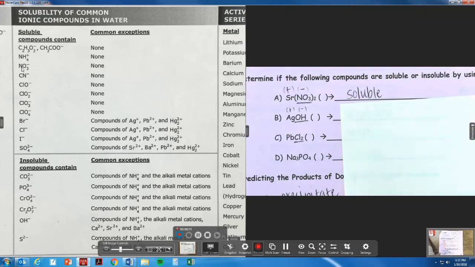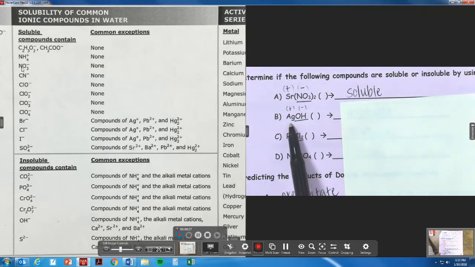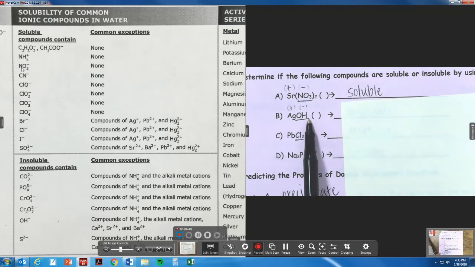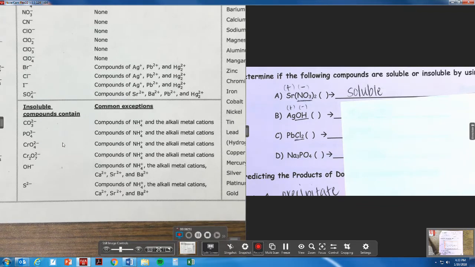So the next one we have is silver and hydroxide. Remember, we're only looking at the negative ion, so hydroxide. If we look at hydroxide on our solubility chart, hydroxide is all the way at the bottom. Be careful, we have some exceptions this time. We are attached to silver, so is silver any one of these exceptions?